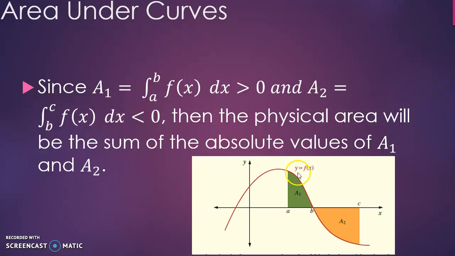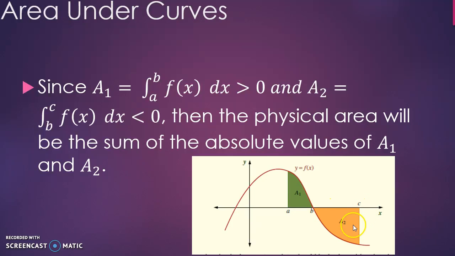So if we look at a curve such as this one here, where it's both above and below the x-axis, we need to calculate the area above the x-axis first, and then we calculate the area below the x-axis separately. So in this case, if we're looking at the area from a to c, we need to find the area from a to b. So work out the integral of this function from a to b, and then we work out the integral from b to c.